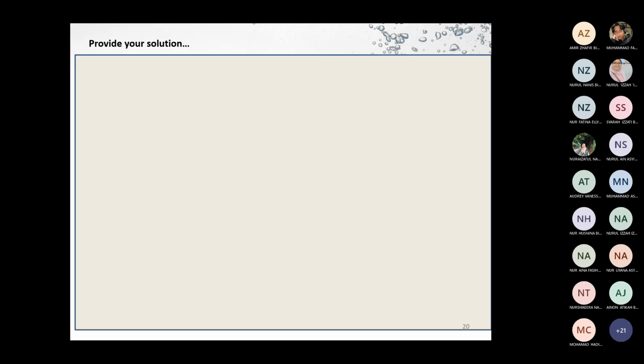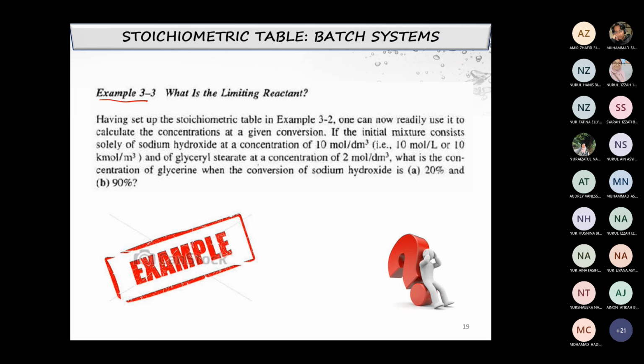Okay. Alright, so okay, kita buat sama-sama untuk ni. Alright, ya Allah, dia punya pecah sikit lah dia punya gambar. Kita akan bagi information dia. Alright, dia kata untuk cari what is the concentration of glycerin when the conversion of sodium hydroxide is 20% and 90%. Okay, so glycerin tadi adalah D. Alright, the product. Okay, so sodium dia, we have an initial concentration of sodium hydroxide which is NaOH.